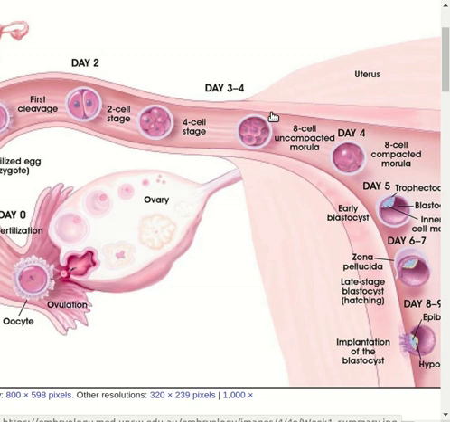So during the morula stage, the cells of the embryo change from spherical to a polygonal shape, as you can see. This phenomenon is termed compaction.